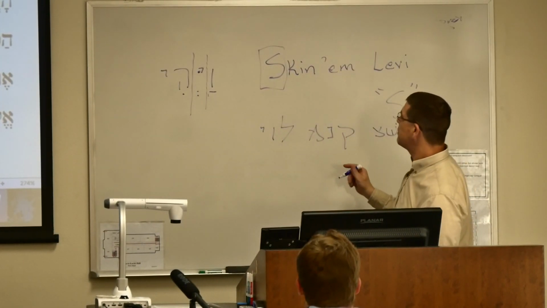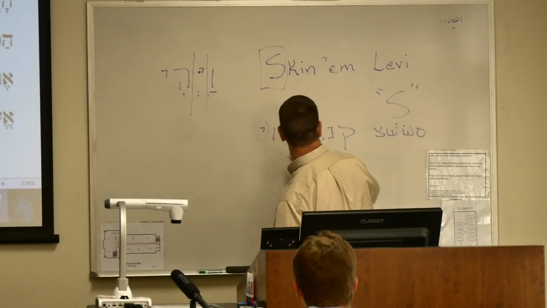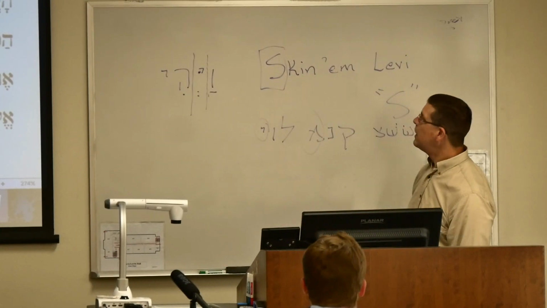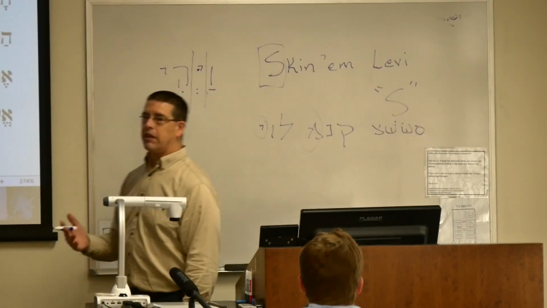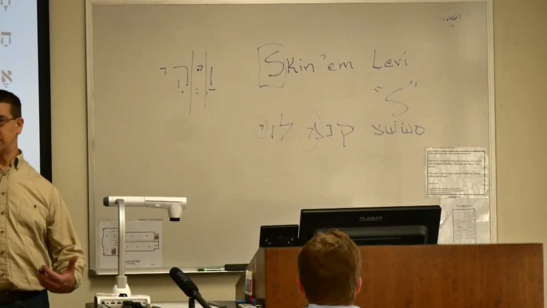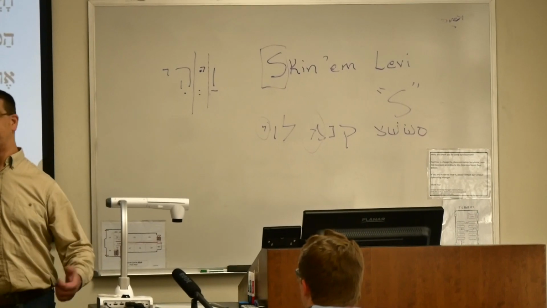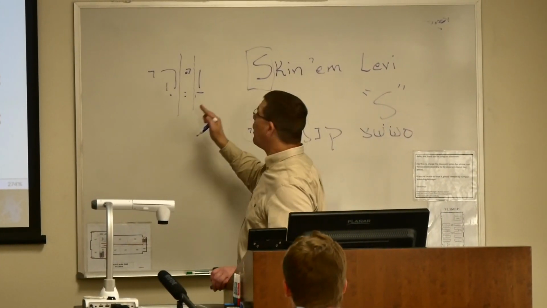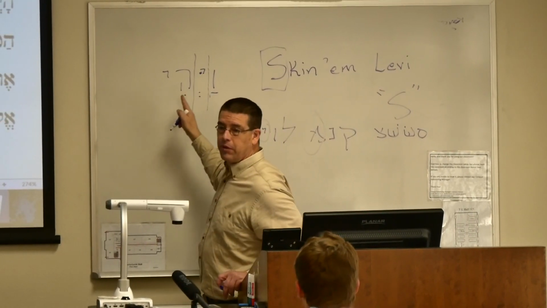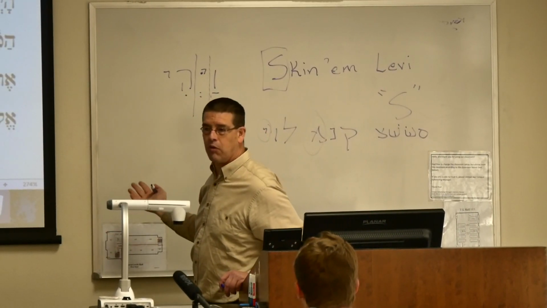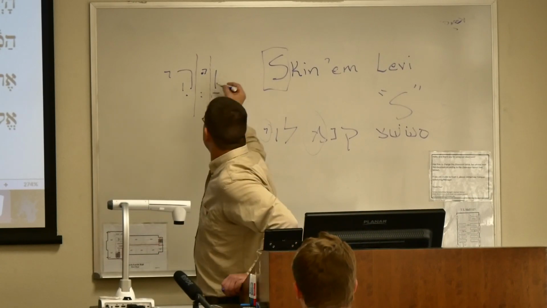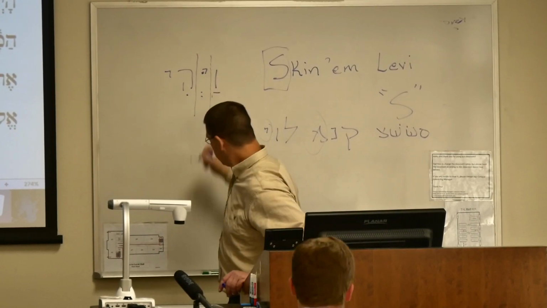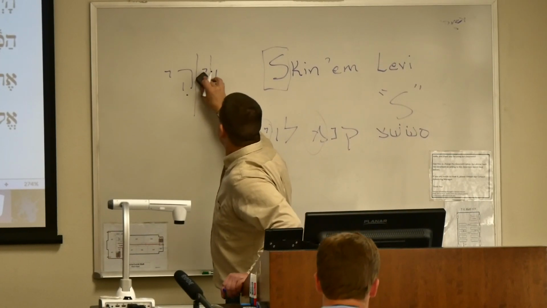Of these letters, Yod and Mem make up probably 90% of when this happens. Skinnem Levi, think of when you skin something, what do you do? You take it out, exactly. These letters, when they're followed by a schwa and are doubled, are hard to hear. So they don't bother writing them. It's hard to hear vayehi and hear two yods, so they don't bother.